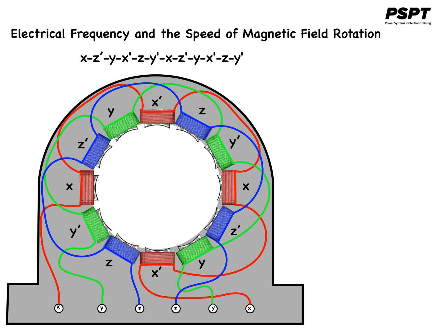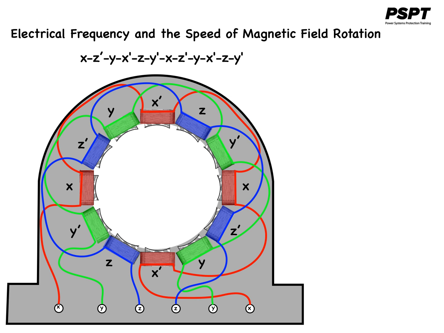The pattern of the windings, taken from a counterclockwise direction, is X, Z primed, Y, X primed, Z, Y primed, X, Z primed, Y, X primed, Z, Y primed, which is just the pattern of the previous stator repeated twice for once around the circumference of the stator.